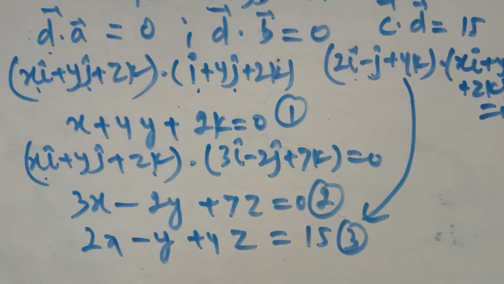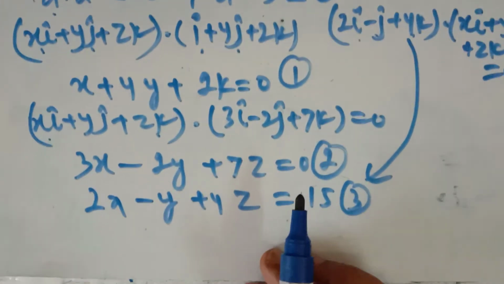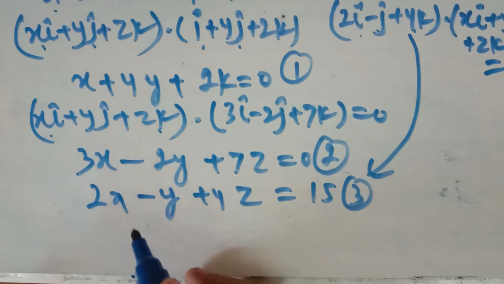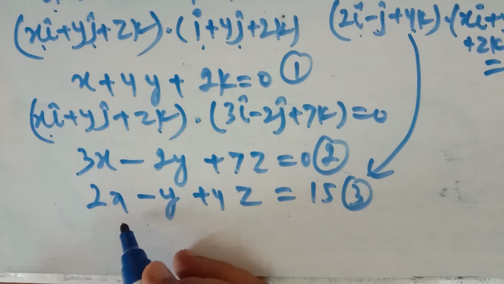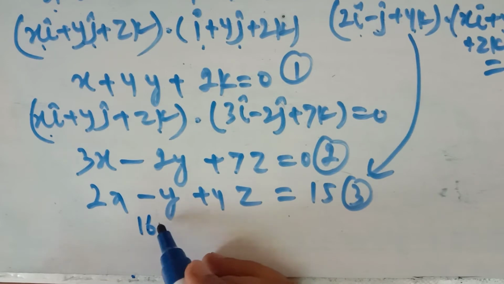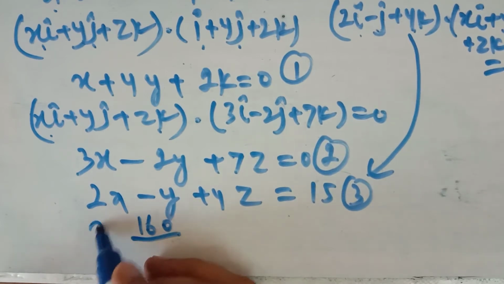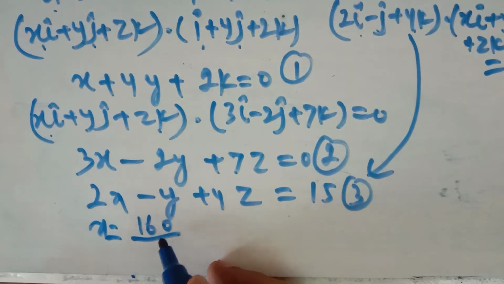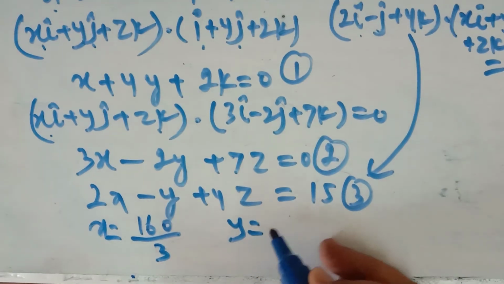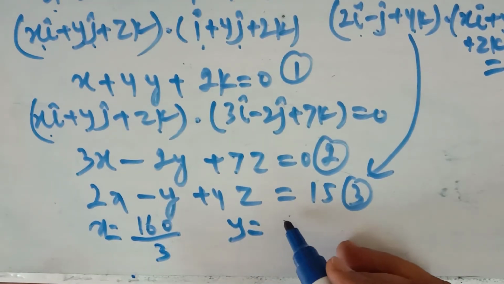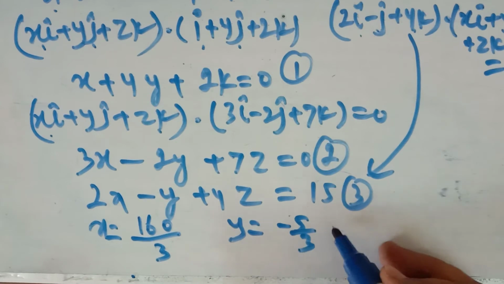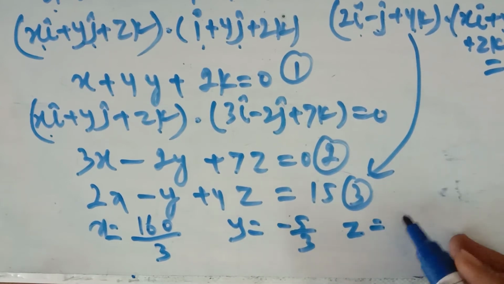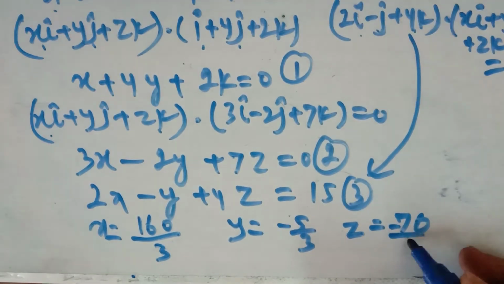You can get the values of x, y, and z. The value of x you will get as 160 upon 3. The value of y you will get as minus 5 upon 3, and the value of z you will get as minus 70 upon 3.